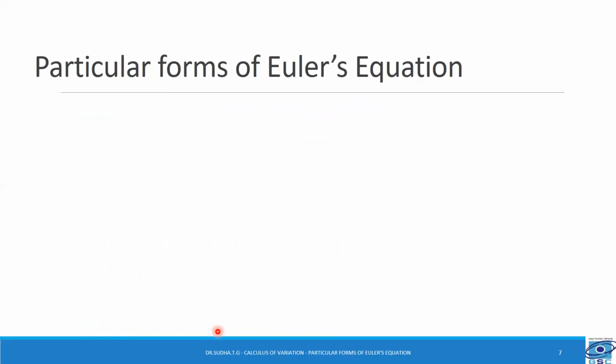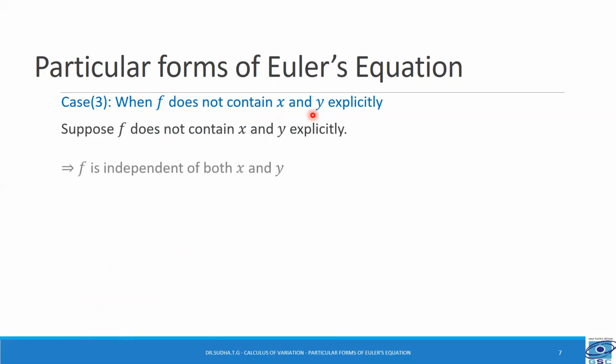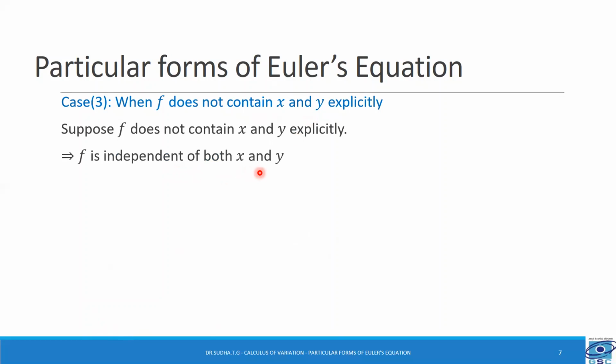Now let us move on to the third particular form, that is when f does not contain both x and y. When f is independent of both x and y, the partial derivative of f with respect to x becomes 0, and the partial derivative of f with respect to y also becomes 0.